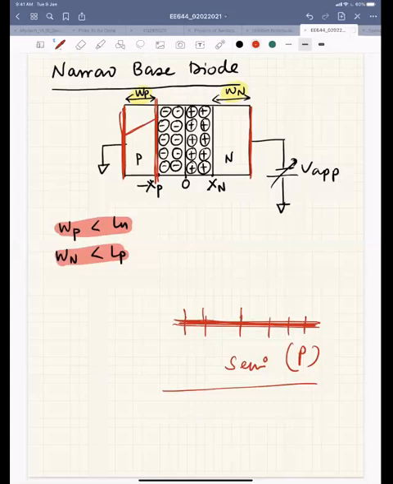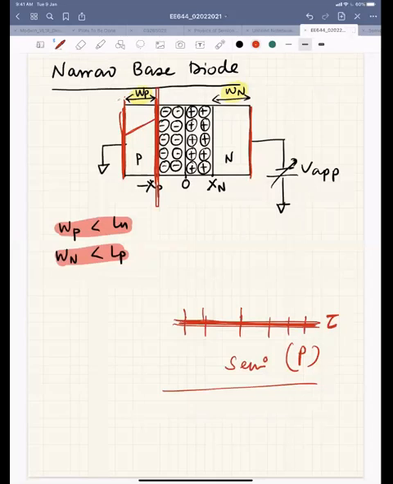So the recombination lifetime at the metal semiconductor junction is very low, right? A lot of recombination happens because I have dangling bonds and defects there. So in the narrow base diode case, if you look at the boundary condition, I have electrons injected here, then the electrons diffuse, and some of the electrons also reach the edge of the p region, that means the metal semiconductor junction, and they recombine there because there are a lot of recombination centers, right?